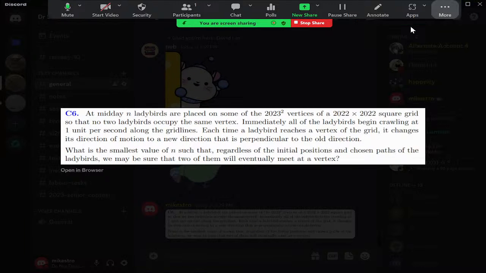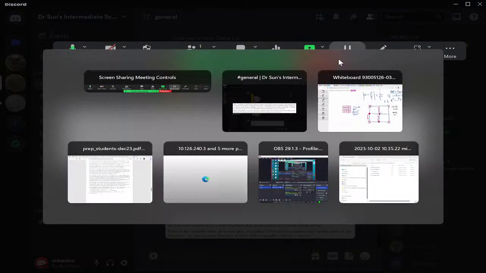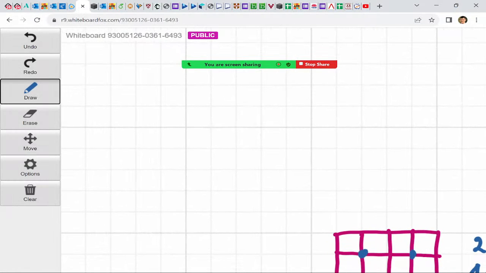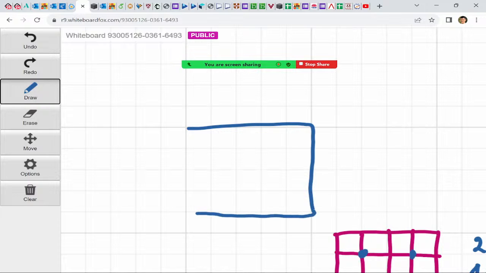Recording in progress. Alright, so I want to give you a summary of Liam's solution to this combi problem. So first, what is the problem? You have a grid, and you have a bug on these vertices in the grid.